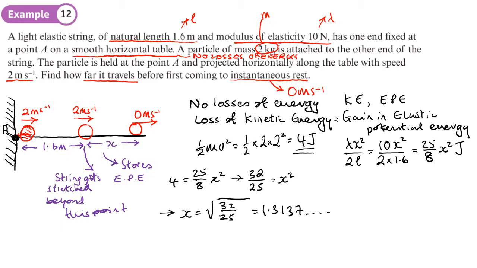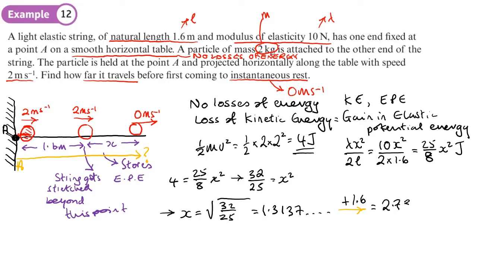In the question we need to work out what this complete length is here. How far has it gone from A? A is here, and we want to know how far it's got to that end. So that means we need to add together our x and 1.6. So if we add 1.6 to that, not 6, 1.6, we get 2.73.